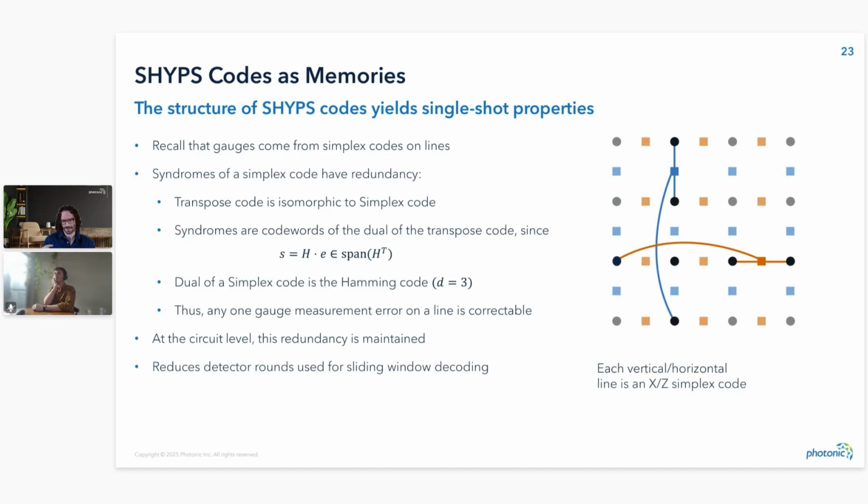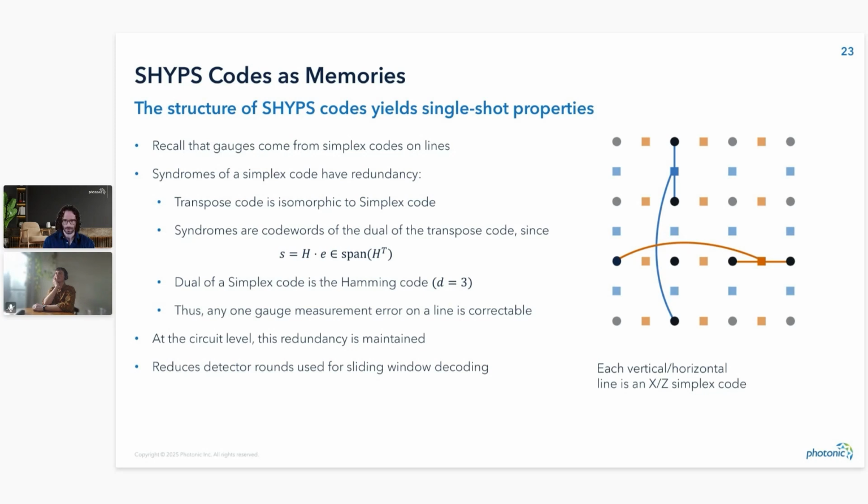The resulting gauge measurements we get are code words of the dual of the transpose of the code that we're working with. So the transpose code of the simplex code is in fact itself a simplex code, and the dual of the simplex code is a Hamming code. So that means that when we get a sequence of gauge measurement results for a given line of this code, those gauge measurement results correspond to the code words of a Hamming code.